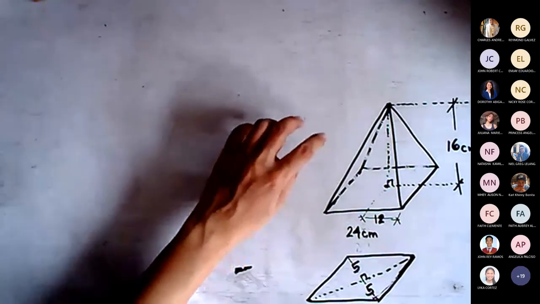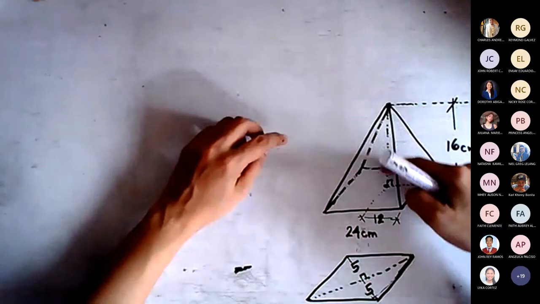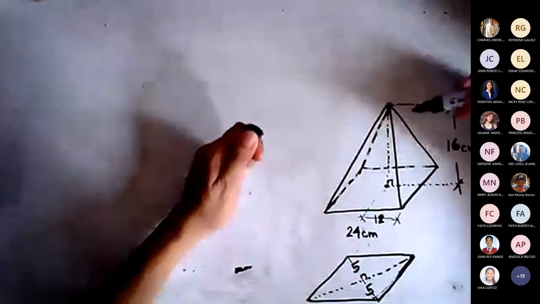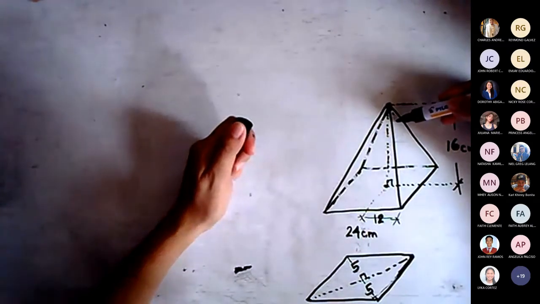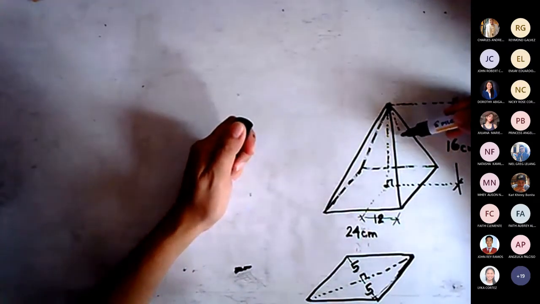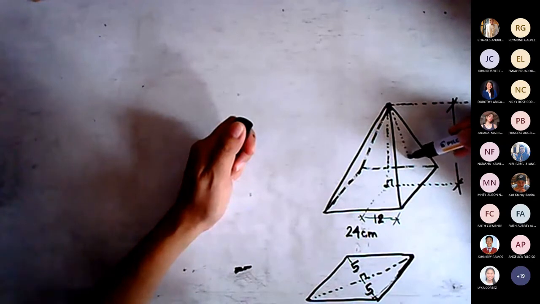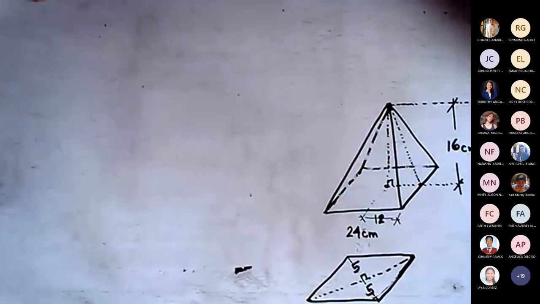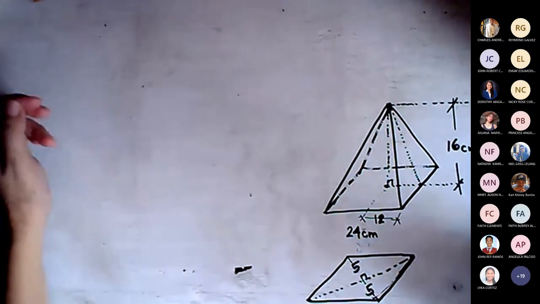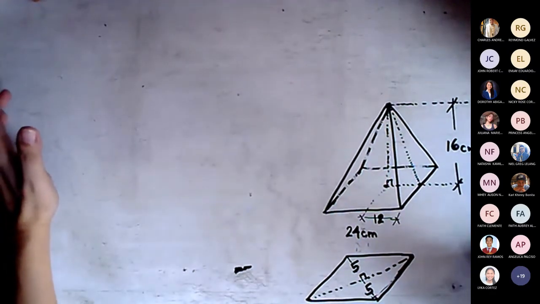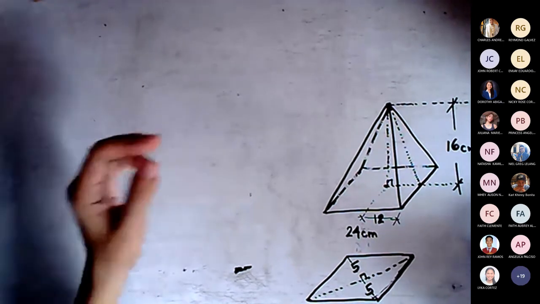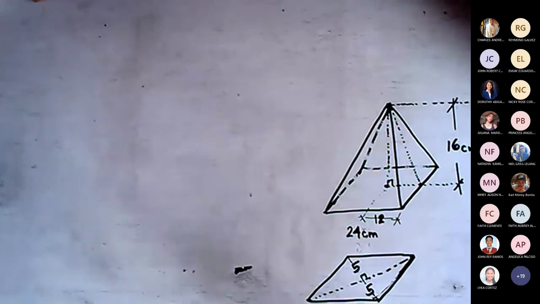So if you are going to take a look at this figure, we can isolate this figure. Take note of this. We can isolate this figure and you would notice we can create a right triangle here. So again, we are going to go back to our basic technique. What we have to do is to look for a right triangle. Yun yung tinuro ko sa inyong technique dati, di ba? So you have to look for a right triangle always.